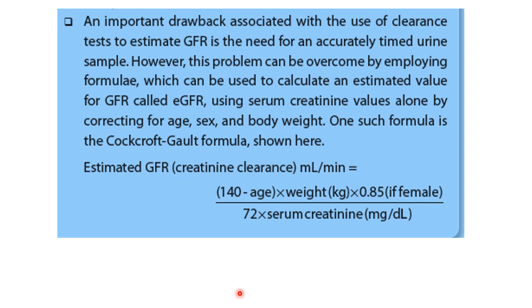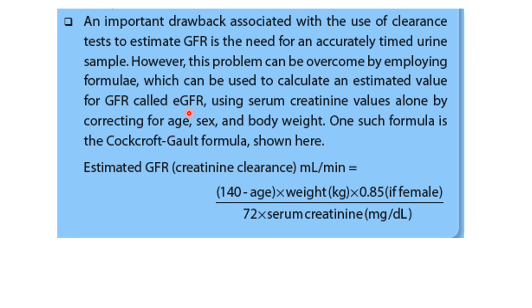However, this problem can be overcome by employing one formula which can be used to calculate an estimated value for the GFR, which is called eGFR, using serum creatinine values alone by correcting for age, sex, and body weight.